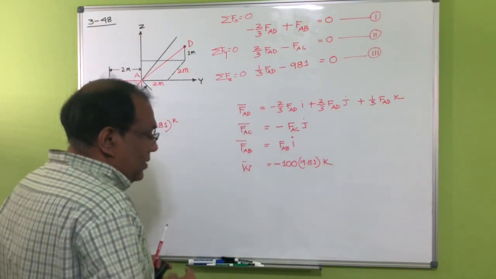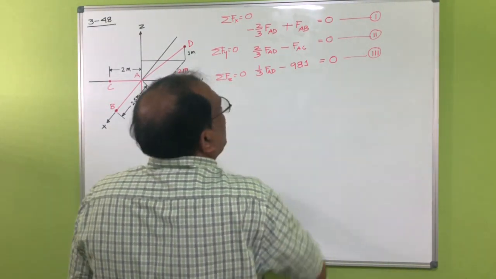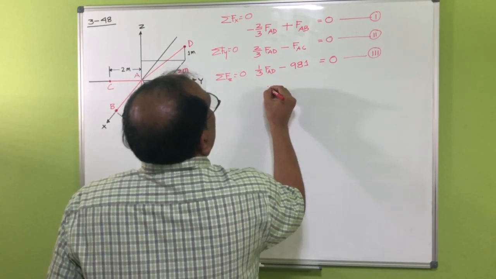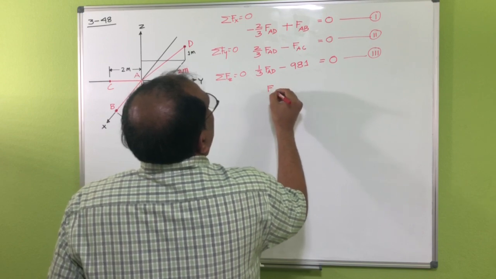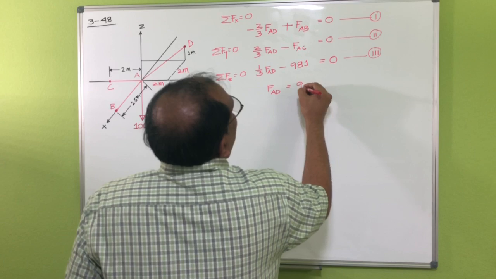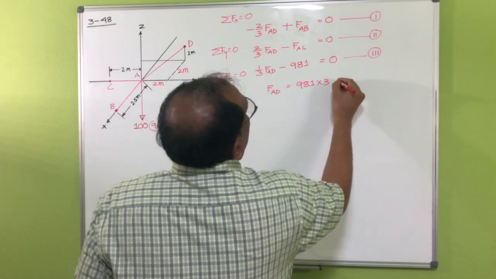Okay, to do that, the easiest way would be to solve equation number 3 first. So you can see FAD is equal to 981 into 3.